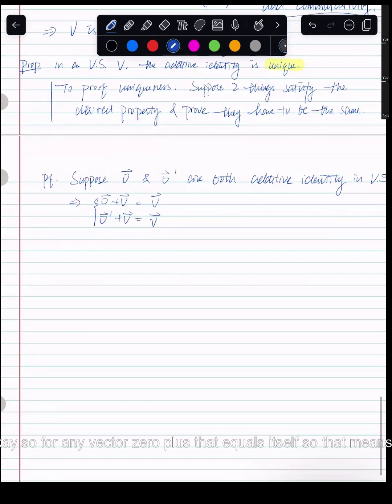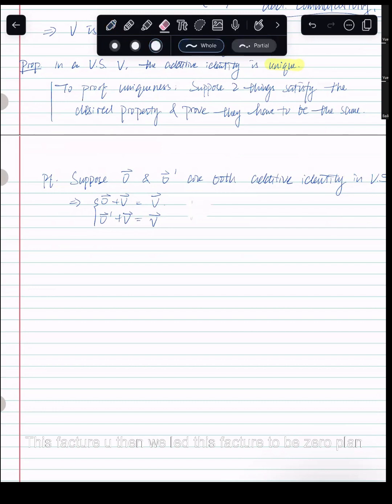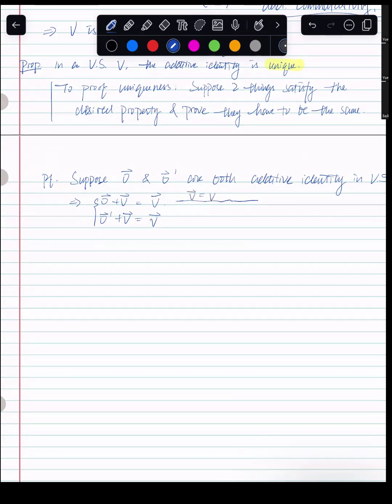So for any vector, 0 plus that equals itself. So that means if we let this vector be 0 prime.